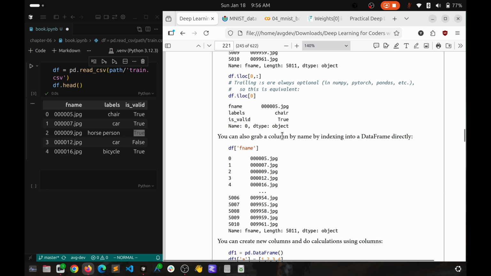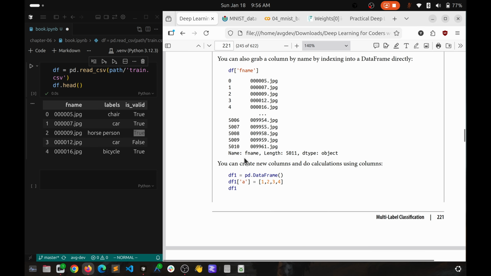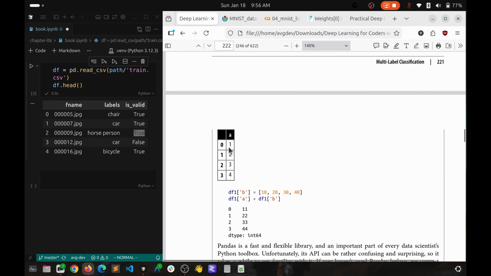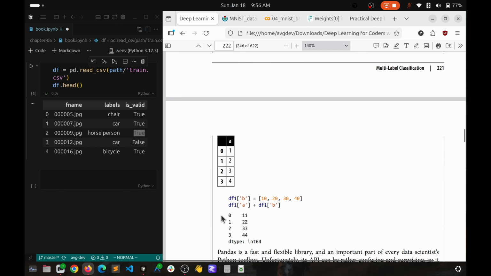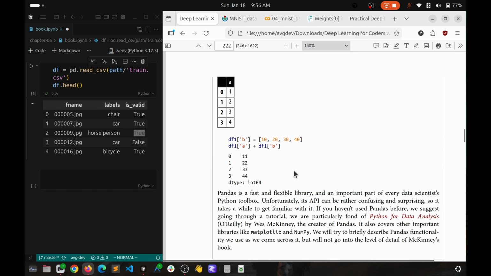You can grab a column by name by indexing into the DataFrame directly, so just grab all the file name column values. Then you can create new columns and do calculations using columns. So you create a new DataFrame and add dynamically. Cool, that's interesting.